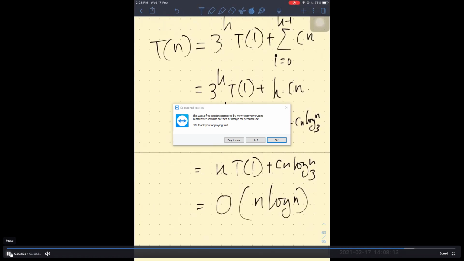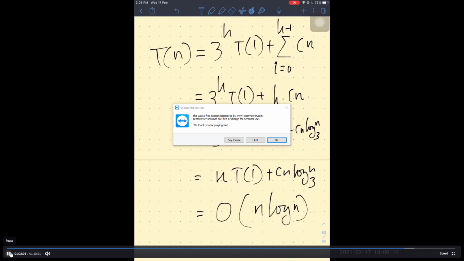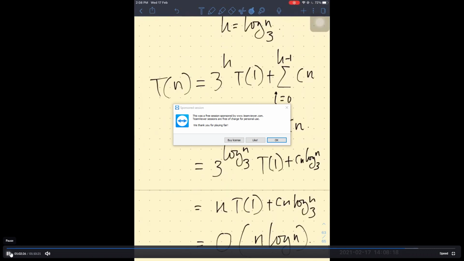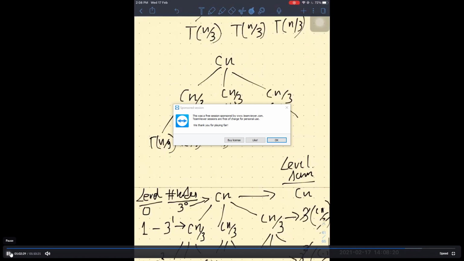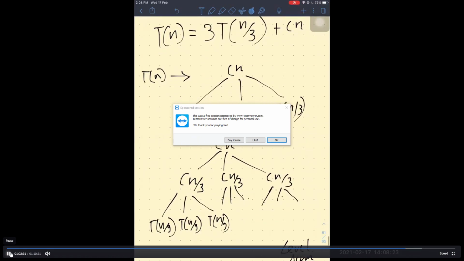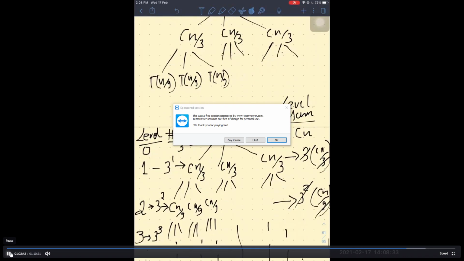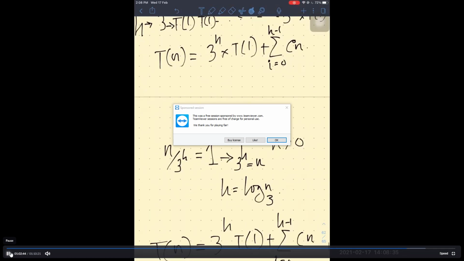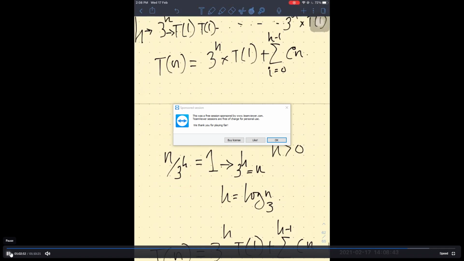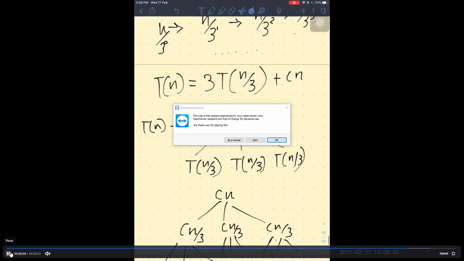So, any other confusion about how we are solving this? It will work for any equation. The general process is similar for solving any T(n). You just have to follow these rules and create the tree. Then you assume that for some h, or some other variable of your choice, that part becomes 1.